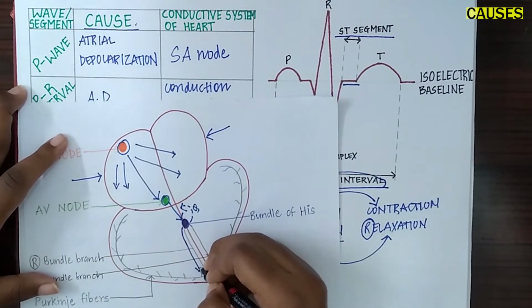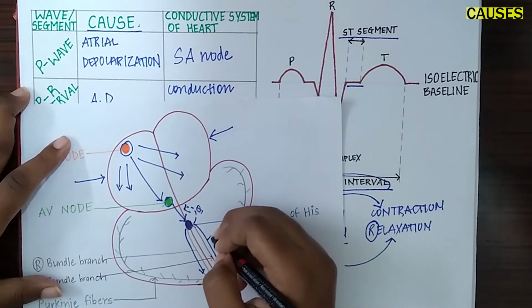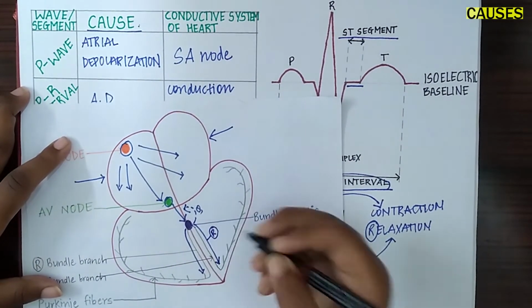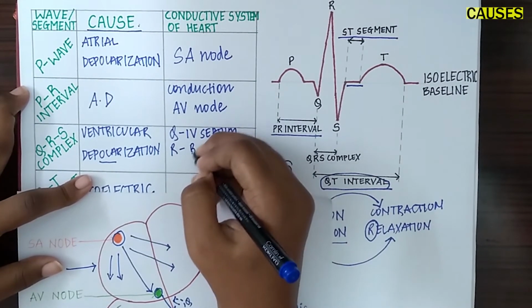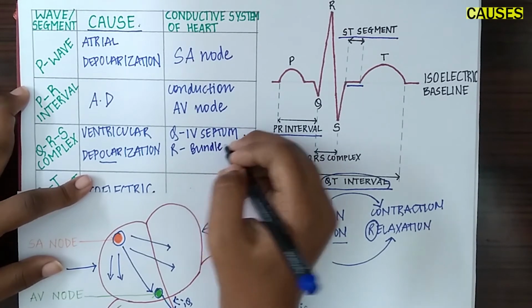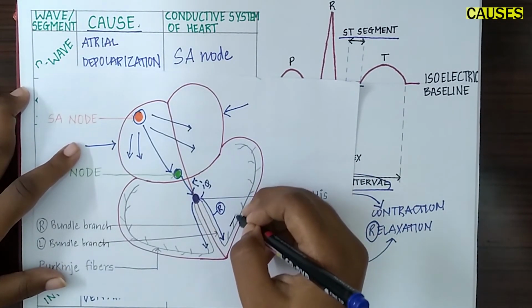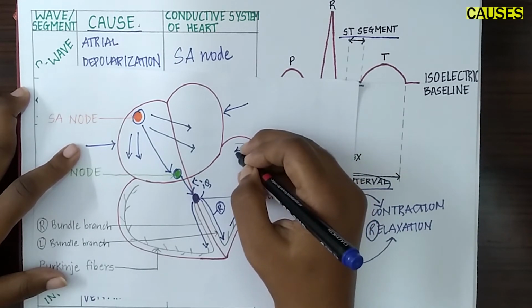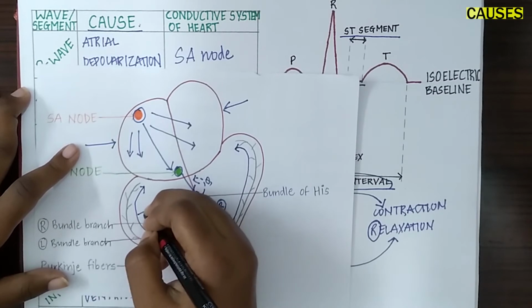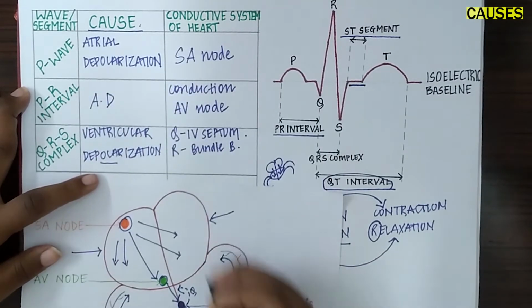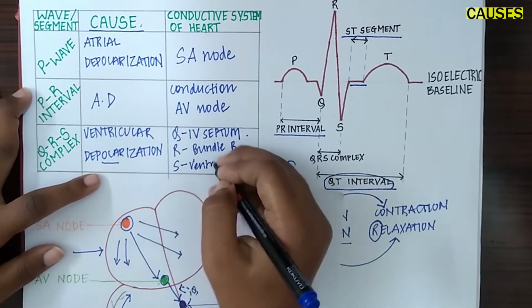Then from bundle of His, impulse travels to right and left bundle branches, and it gives rise to a positive R wave. And lastly, the impulse travels through the Purkinje fibers, which are spread all over the ventricular myocardium. So here it gives rise to S wave.